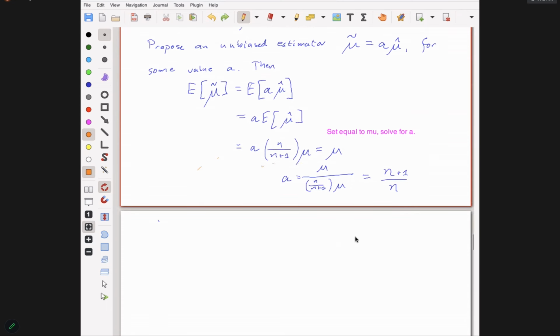Okay. So this mu tilde, which we said is A times mu hat, and so if this is A, the n plus 1 over n, and mu hat is beta over 2, what can we say about this?